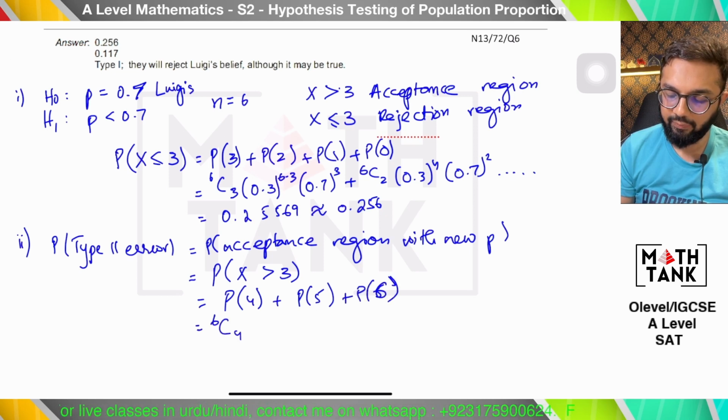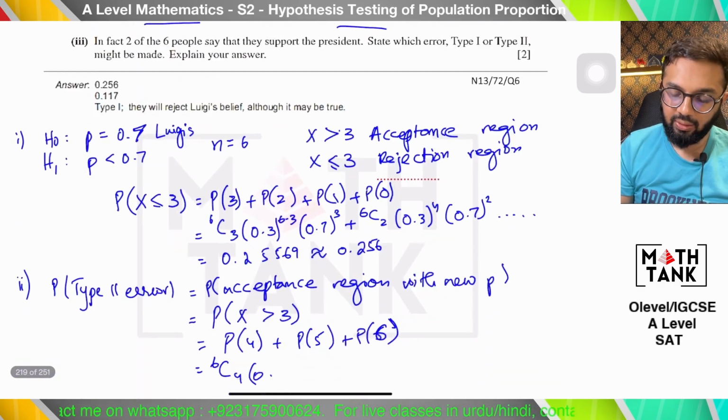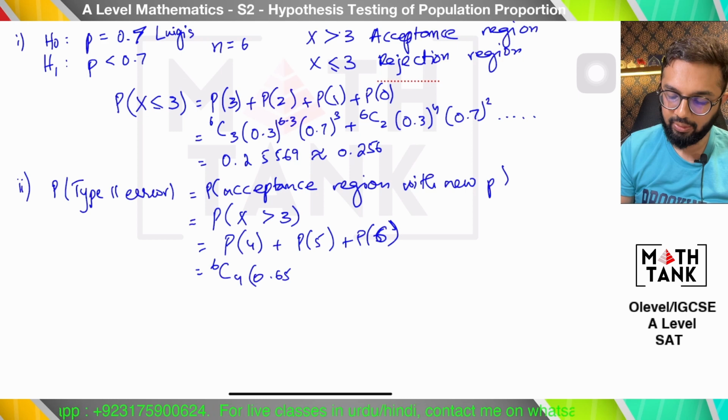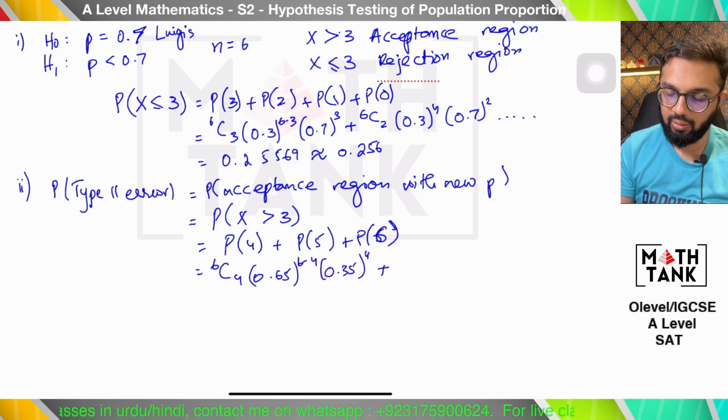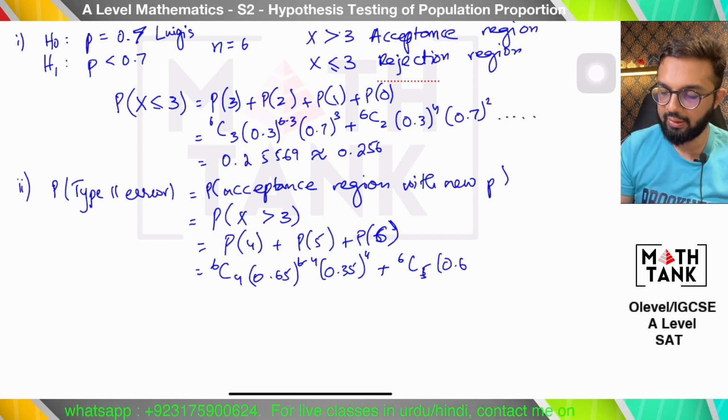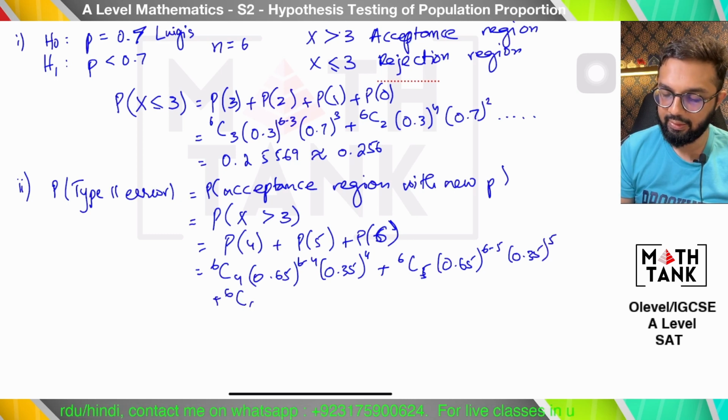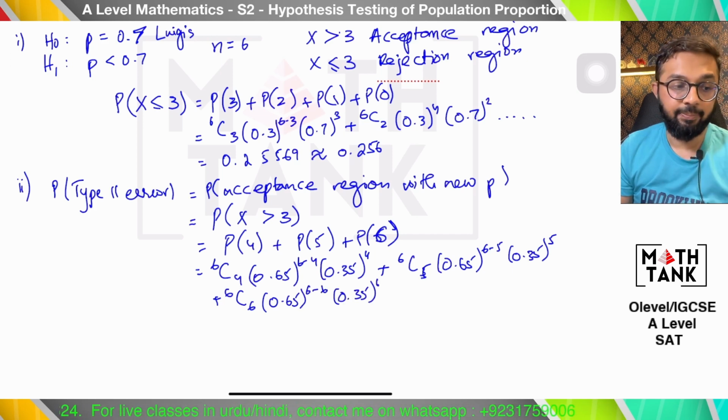So 6C4. Now p is 0.35, so q is 0.65, 6 minus 4, 0.35 power 4, then 6C5, 0.65 power 6 minus 5 and 0.35 power 5, 6C6, 0.65 power 6 minus 6, 0.35 power 6.